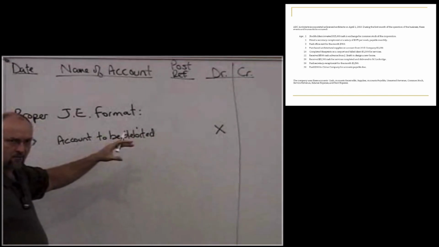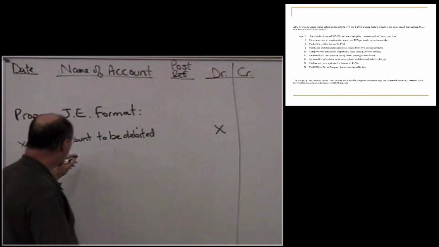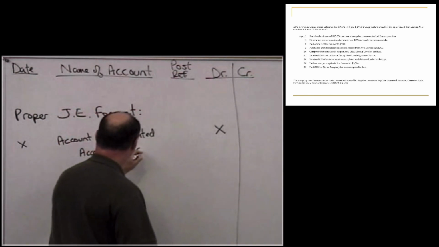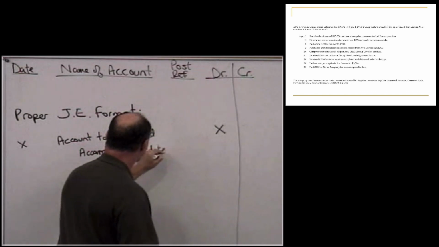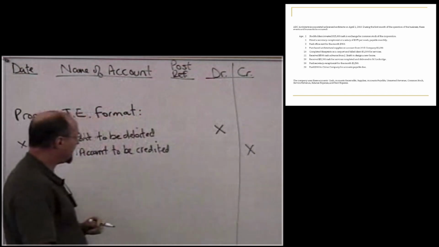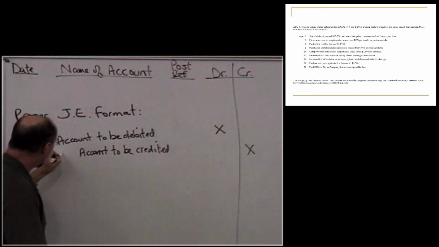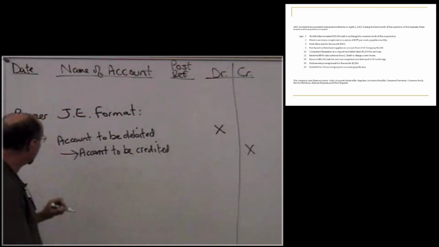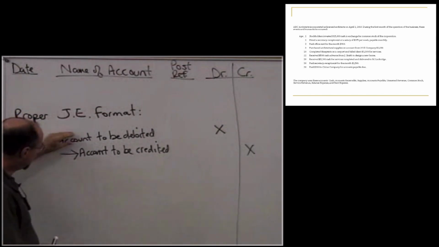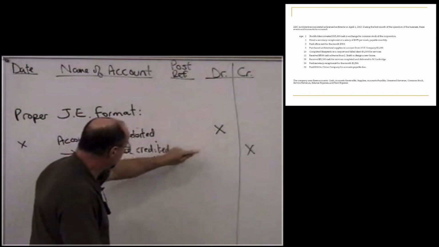Underneath the accounts that have been debited, we would put the account or accounts to be credited. And we put the dollar amount in the credit column. Now notice, I indented a little bit, which is a good idea. The account to be debited always goes first.